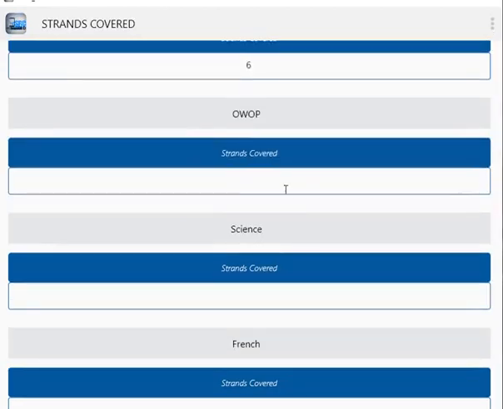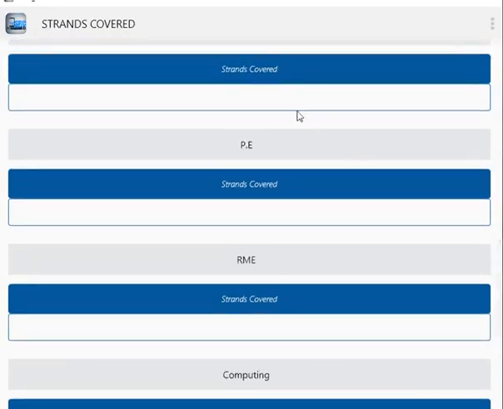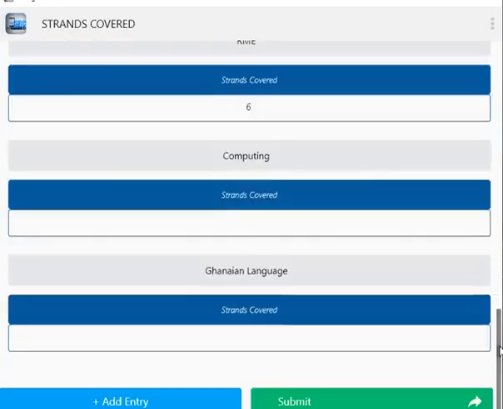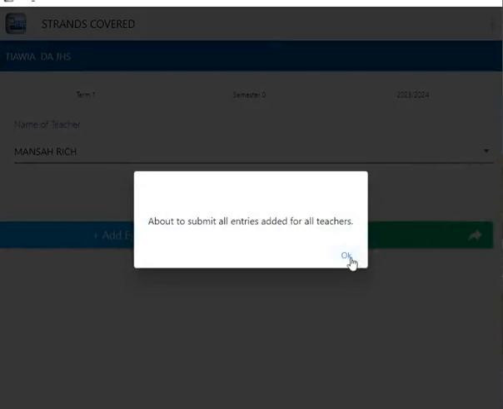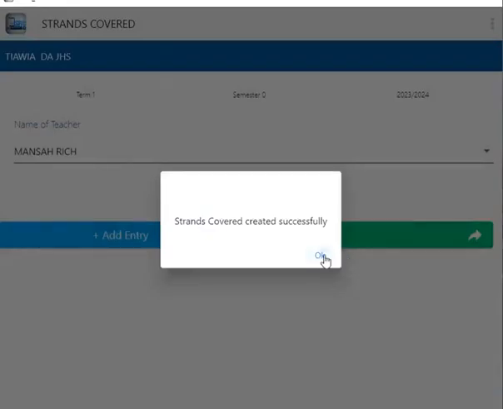Go up, science; French is not taught in the school, so that becomes 0. PE 5, RME 6, computing 7, Ghanaian language 4. When you are done with all the facilitators in your school, you click on submit. Strands covered created successfully.